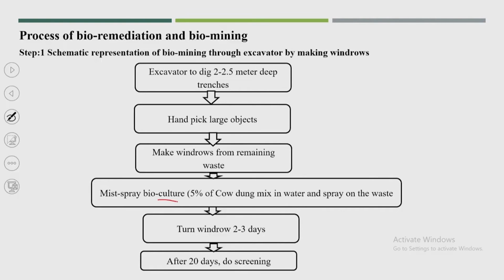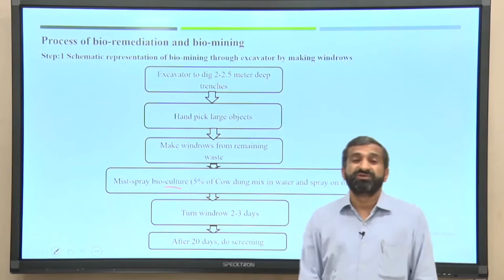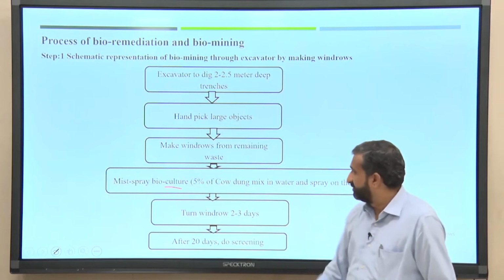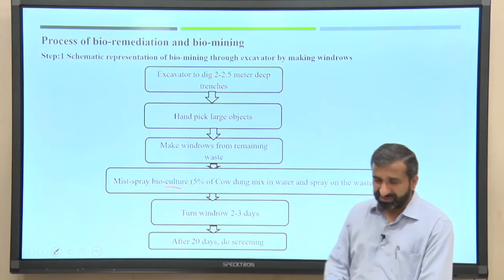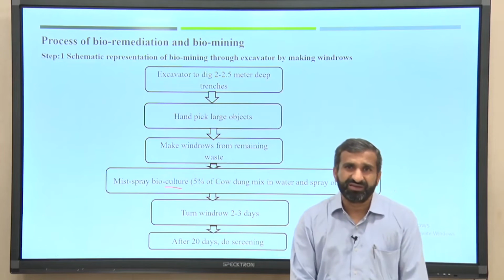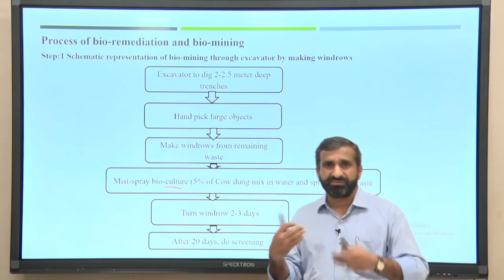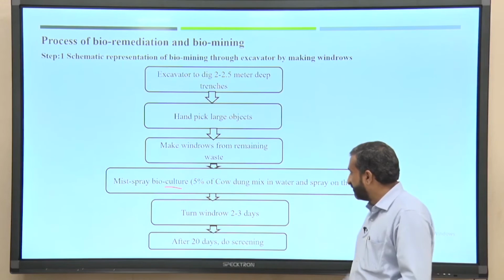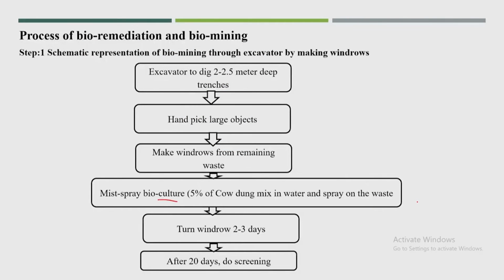So, rather than purchasing commercially available biocultures, you can simply mix 5% cow dung into water and spray it onto that particular windrow. Turn the windrow every 2 to 3 days, and after 20 days do screening. Maybe 20 or 30 days is well enough for the degradation of whatever organic fractions are available there.